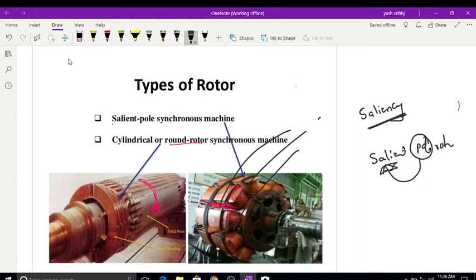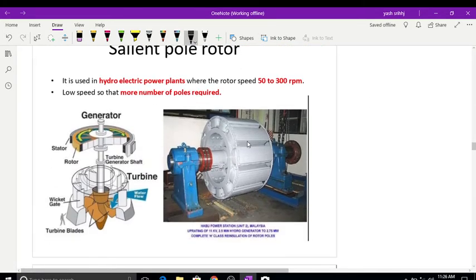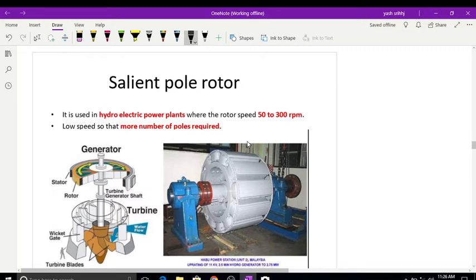So these are the two types of rotors, and field winding is provided on both. You can see here, field winding is available in the slots for these poles. Let us discuss in brief the salient pole and non-salient pole.